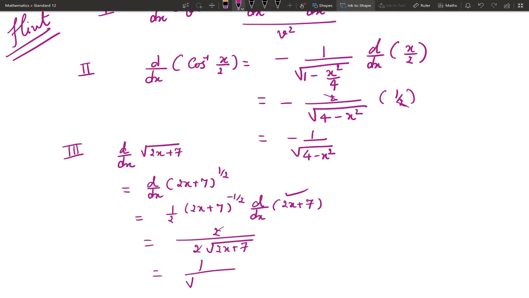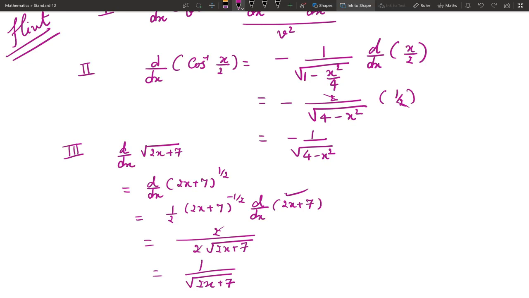So you can use this result when you use division formula, d by dx of u by v, v into derivative of u minus u into derivative of v upon v square.